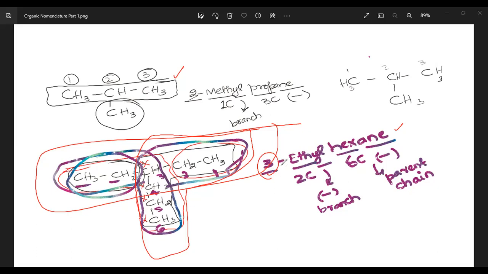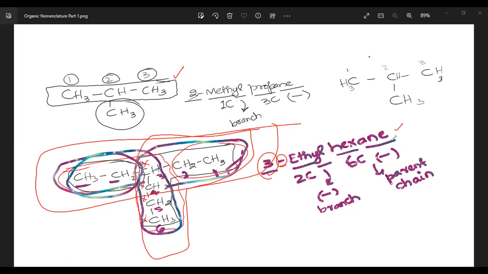And then we always use hyphens or dashes in order to separate the numbers and letters. Ethyl means the branch has 2 carbon atoms. Eth means 2 carbon atoms. Yl is actually the suffix for a singly bonded branch. Hex means 6 carbon atoms. Ane means singly bonded parent chain or alkane. All right. So every part of the name gives you the idea.